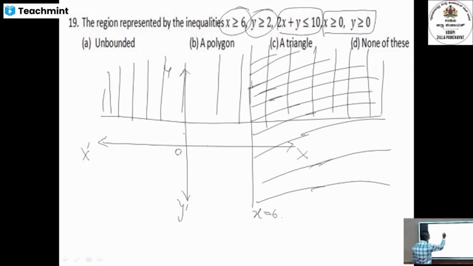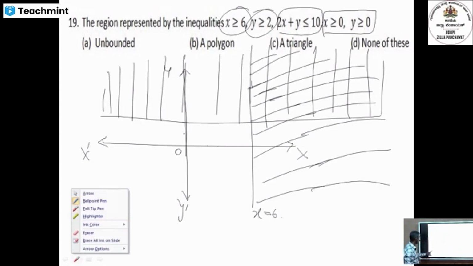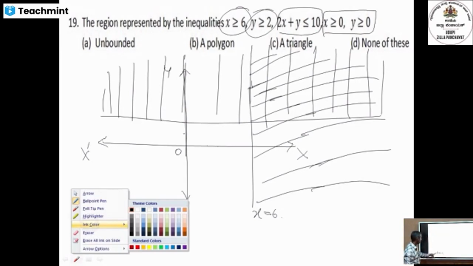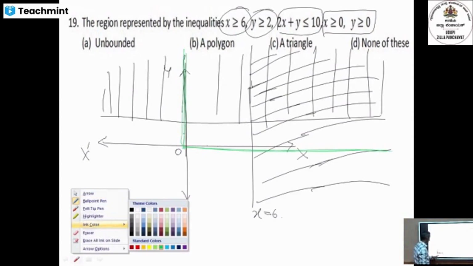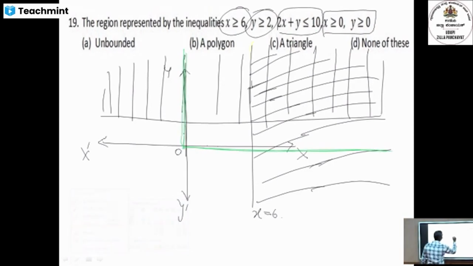So the solution should be only in the first quadrant. The solution comes only in the first quadrant. At the moment your solution is only in this region. Correct? This is your solution region, obtained from the first two conditions.